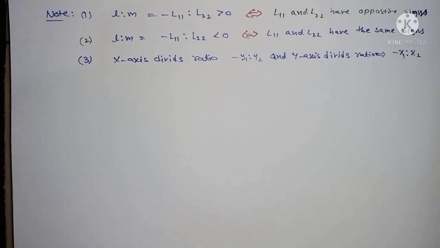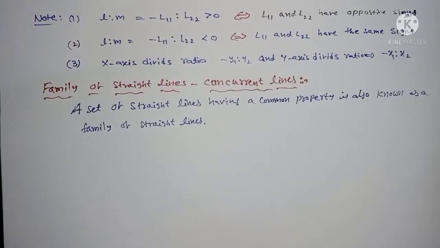Next theorem is family of straight lines, or concurrent lines. This is a very interesting topic. The set of all straight lines having a common property is known as a family of straight lines. First of all, what is a family of straight lines?